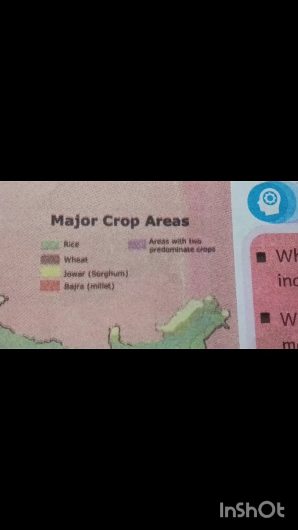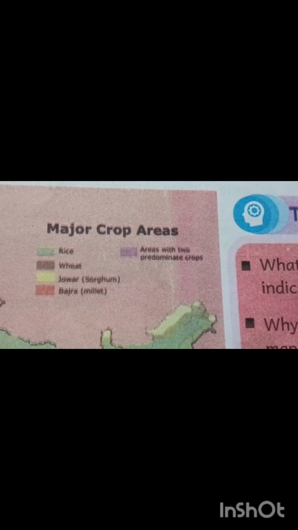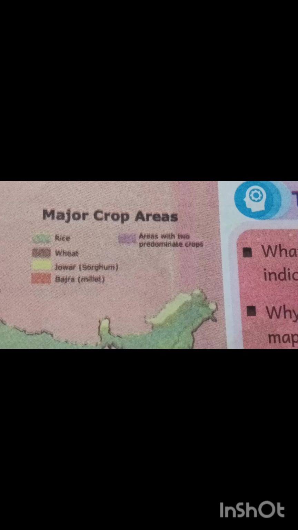If we observe the map given here, major crop areas: rice, wheat, jowar, bajra, areas with two predominant crops.